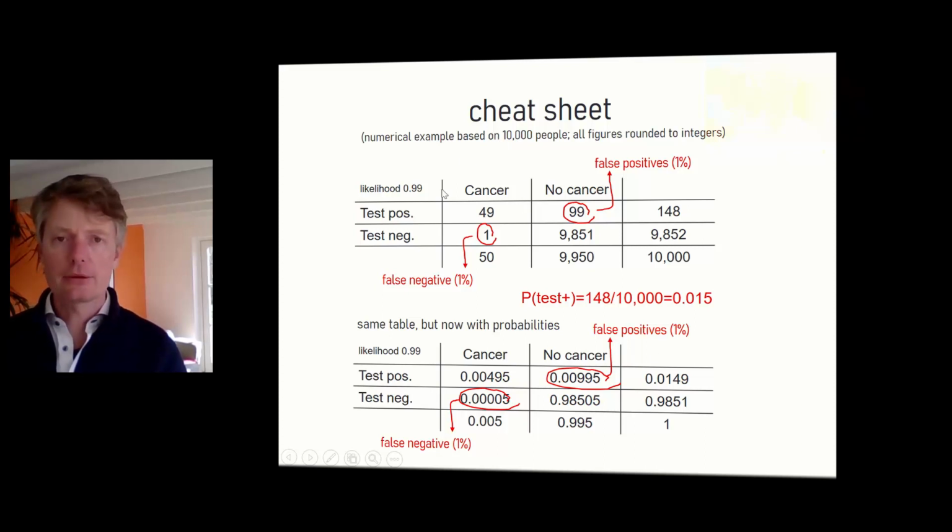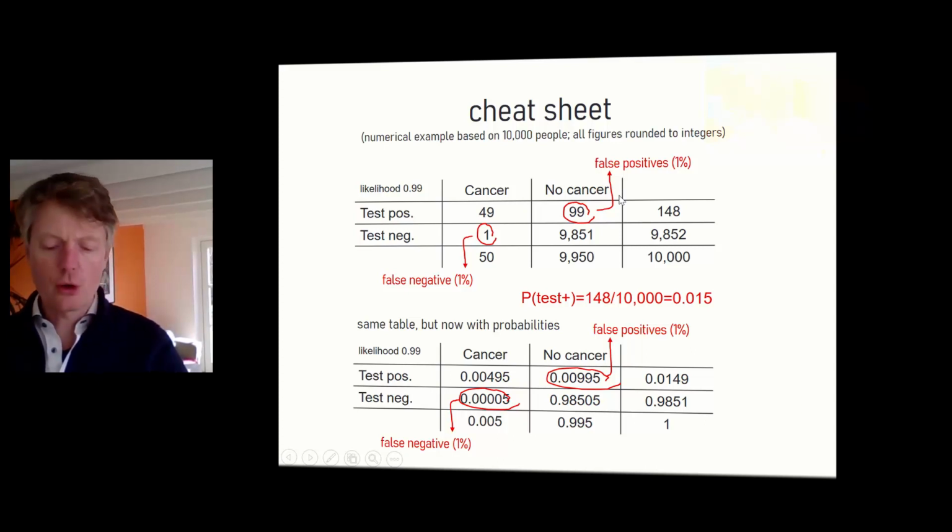I put it in terms of a population of 10,000 people. If there's 10,000 people, then given the prevalence of this type of cancer, 50 of those do have this type of cancer, and 9,950 don't.